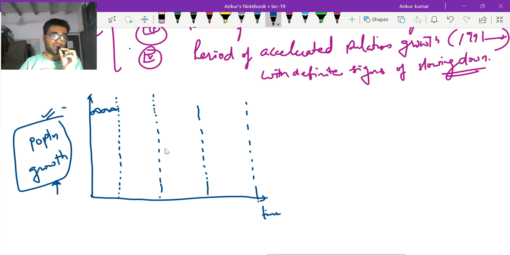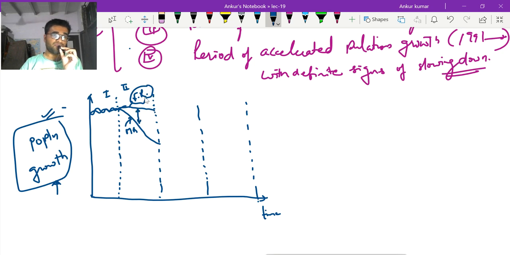But as we enter the second phase, mortality declines sharply because of new inventions, whether it is the agriculture revolution, industrial revolution, or new medical technologies. This leads to the rapid decline of the mortality rate, MR. But the fertility rate remains high, and because fertility rate remains high, this phase is the phase of population explosion.